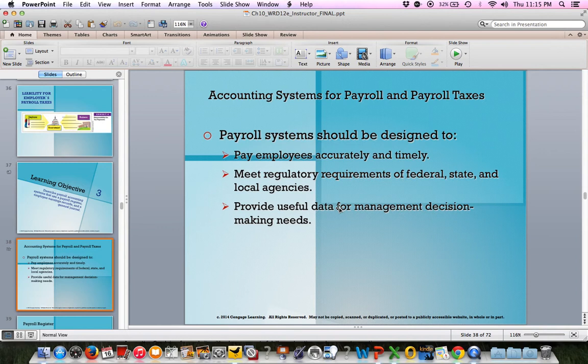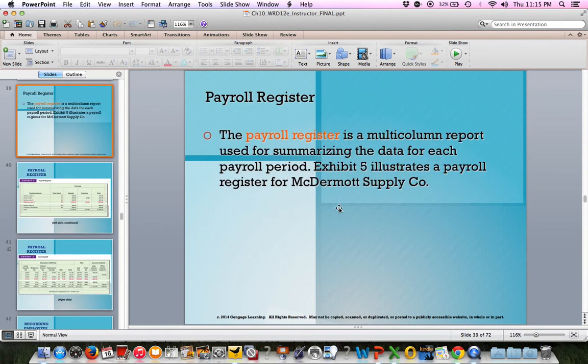Basically grouping employees by different classifications, grades, departments, gender, age, all kinds of information that you need to make decisions and report to the government. Just being able to slice and dice your data any way that is meaningful to managers and gives you the right data for government reporting.